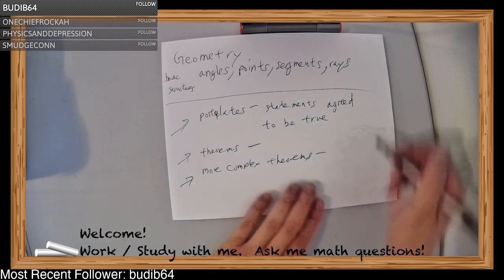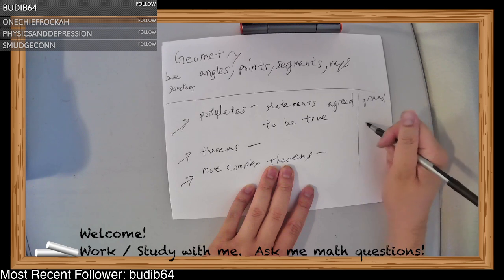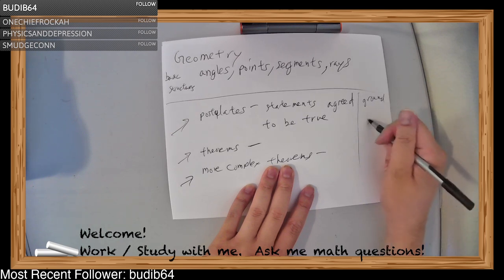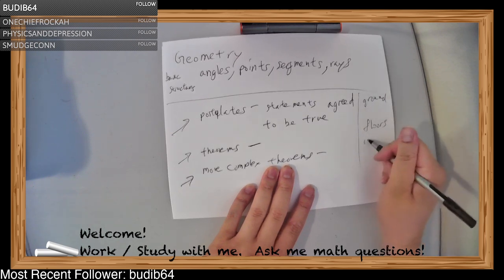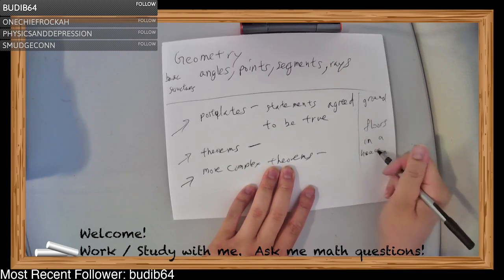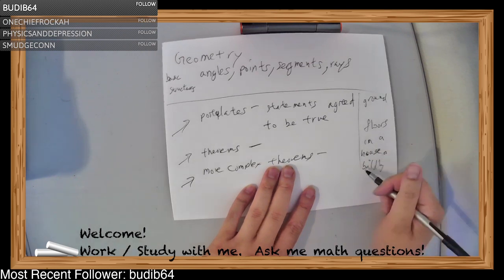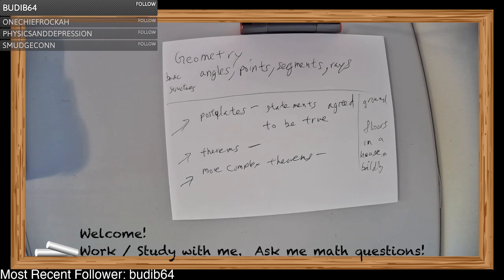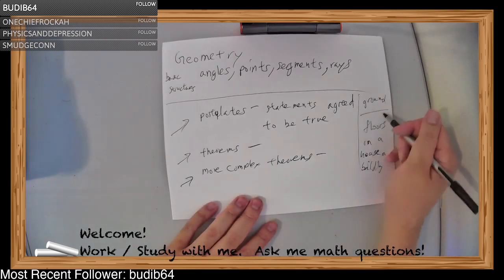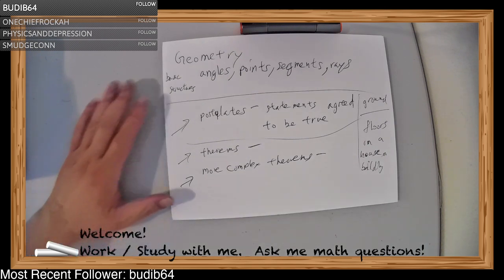So postulates would be like the ground, and theorems would be floors in a house or building. Okay. So yeah, and that's the logic side of it.